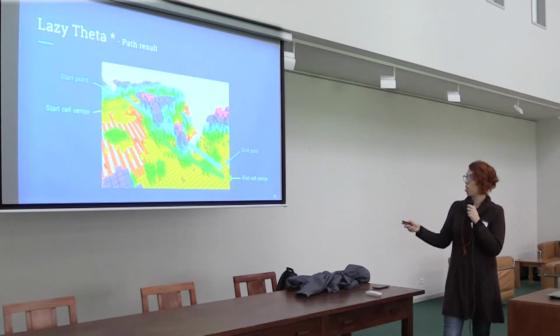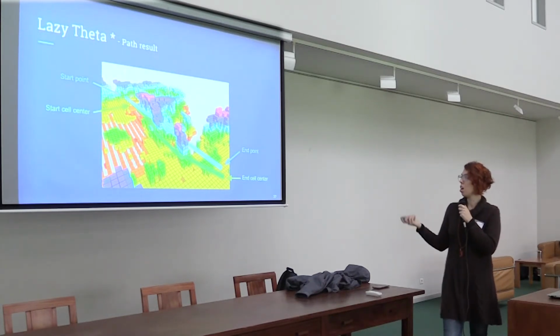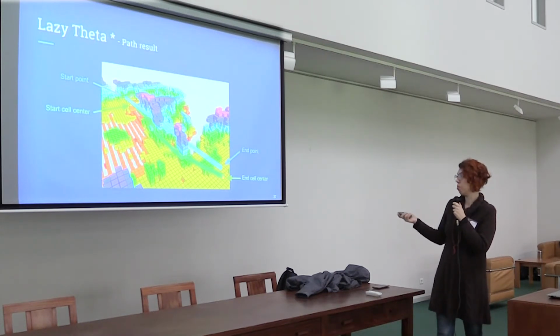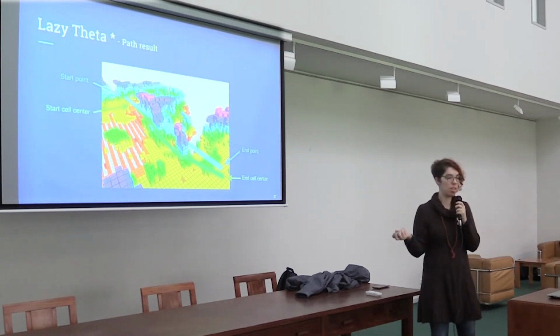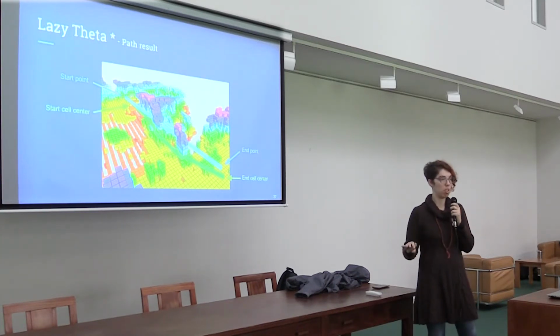And I'm pointing this out. This will also have some implications on the path it takes. So sometimes it goes even further away from the obstacle that it needs to go because of this. And I want to point out that this outcome is without any post-processing.